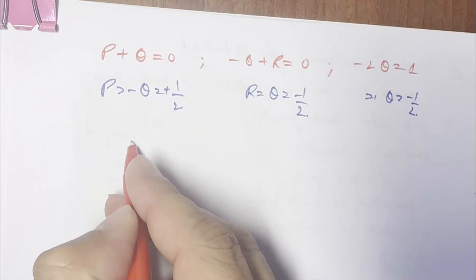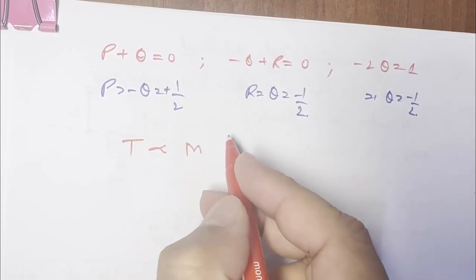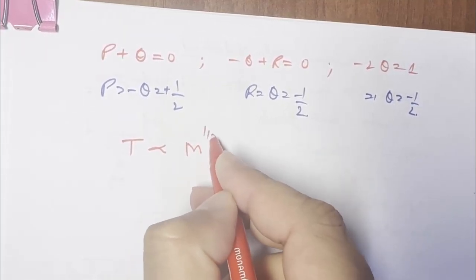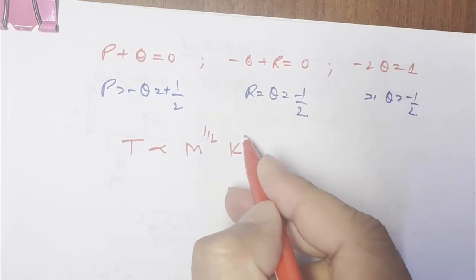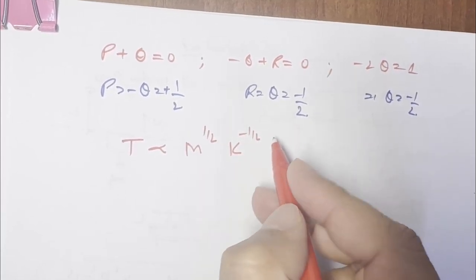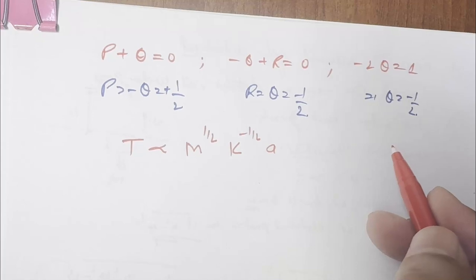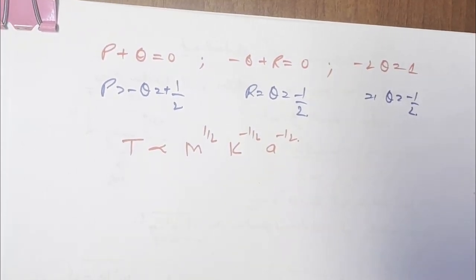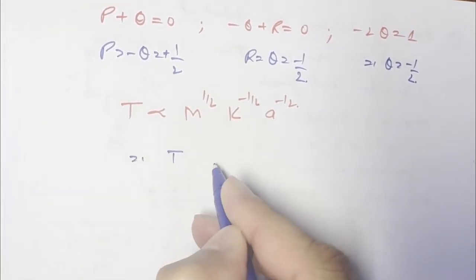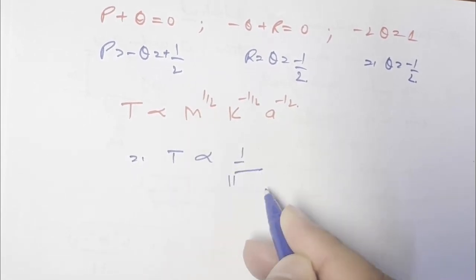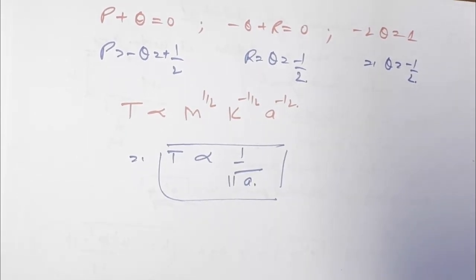Therefore T is proportional to m raised to power 1 by 2, k raised to power minus 1 by 2, and a raised to power minus 1 by 2. So T is inversely proportional to square root of a, that is, proportional to 1 by square root of a.